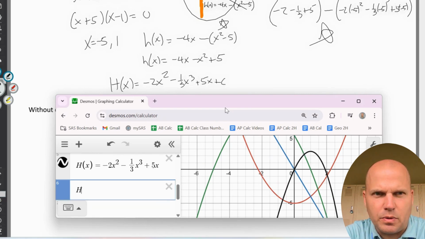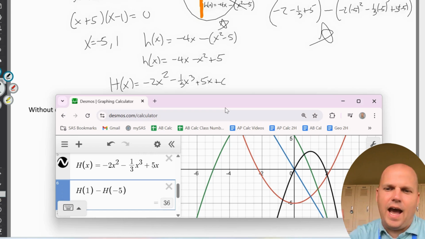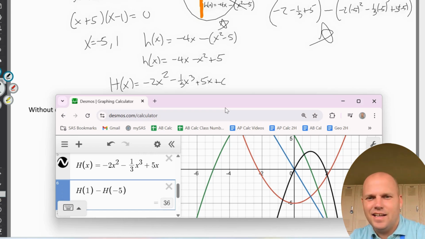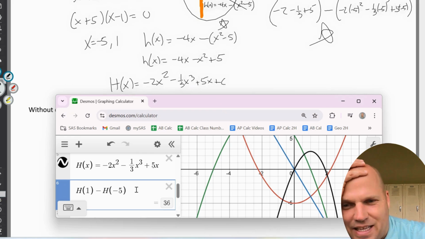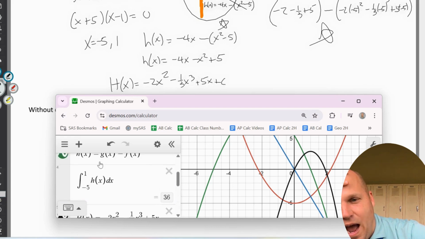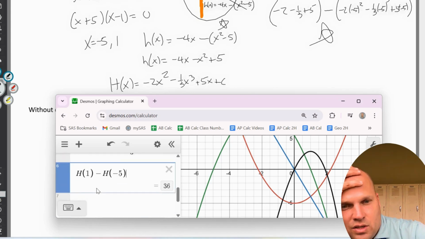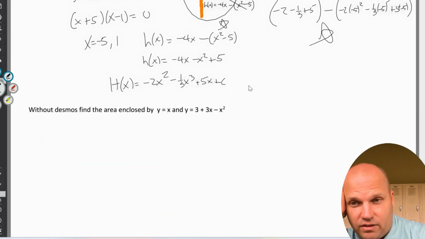And I could say what is super h of 1 minus super h of negative 5. It's a little bit less to type in. Notice that it won't grab super h of x if you have regular h of x. You have to come up with super h. It does not know how to do antiderivatives. It just can calculate. It's a calculator.